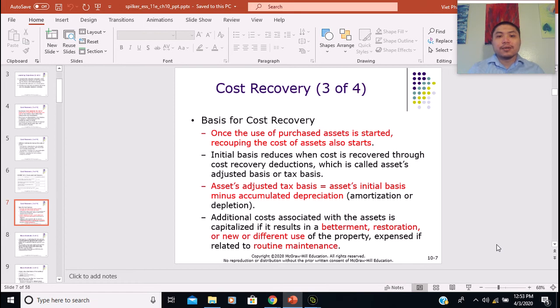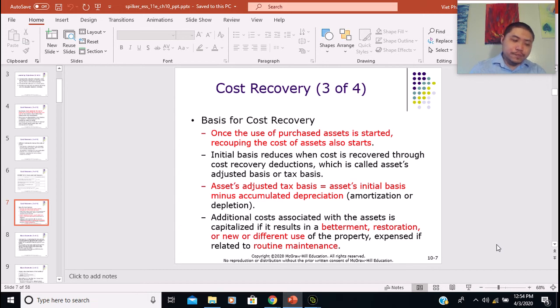Once the asset is put into use, the depreciation or cost recovery starts to kick in. The basis usually is the initial cost to acquire the asset.